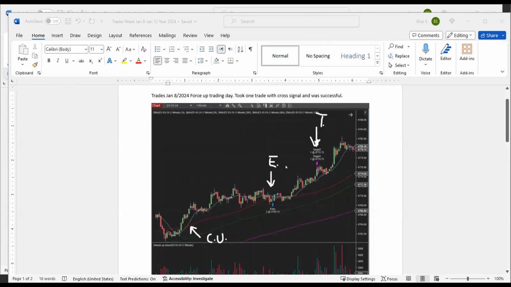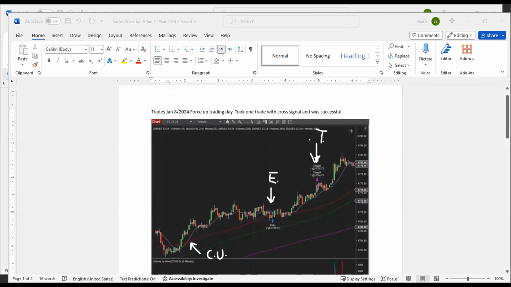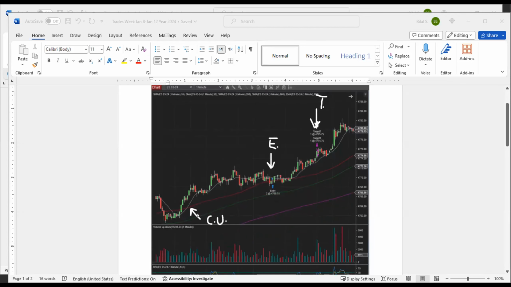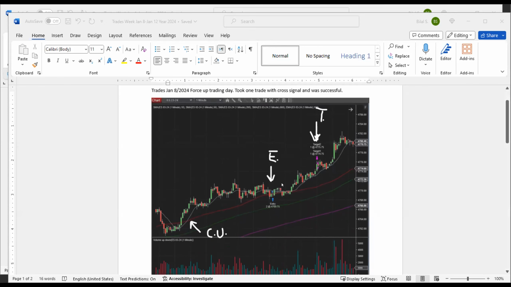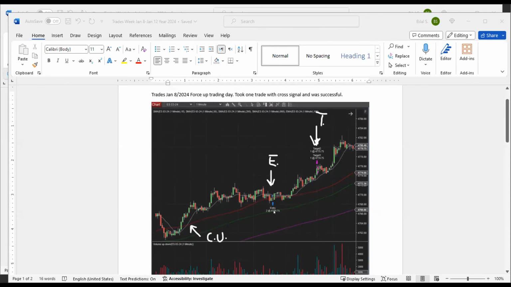Okay, so one of them was this one. So basically, this is where I waited for the cross. And then it went down all the way to the 50 SMA, and this is where I entered on. Let me just make this bigger.